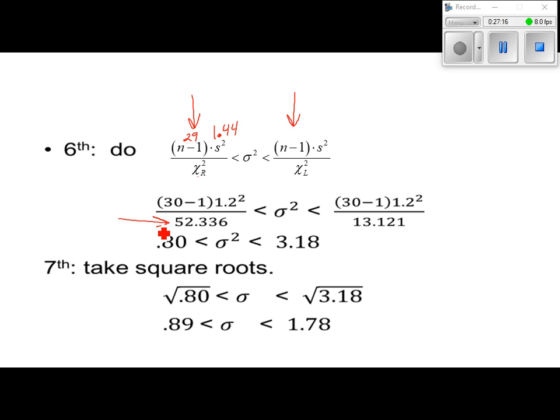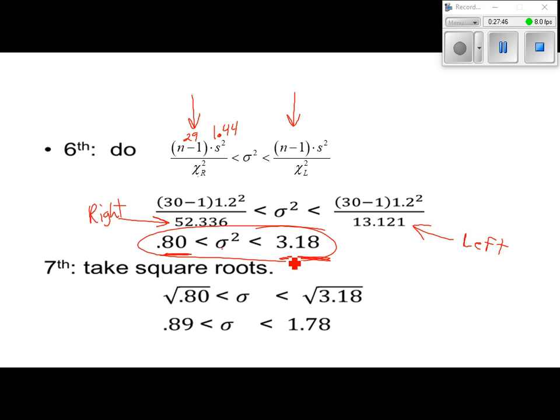So this is the right one. And our left critical value goes on the right side. Sort of backwards. We do all the math. That's our interval for our sigma squared. So we're saying we're 99% confident that the variance falls between 0.80 and 3.18.